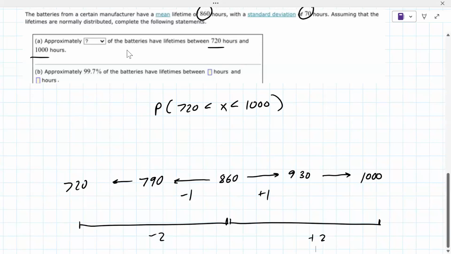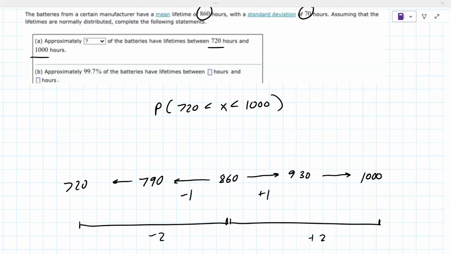So there's this thing called the empirical rule, which says that a certain percentage of data falls within one or two or three standard deviations of the mean. Let me grab a snip of that, and then the problem's going to go much faster.